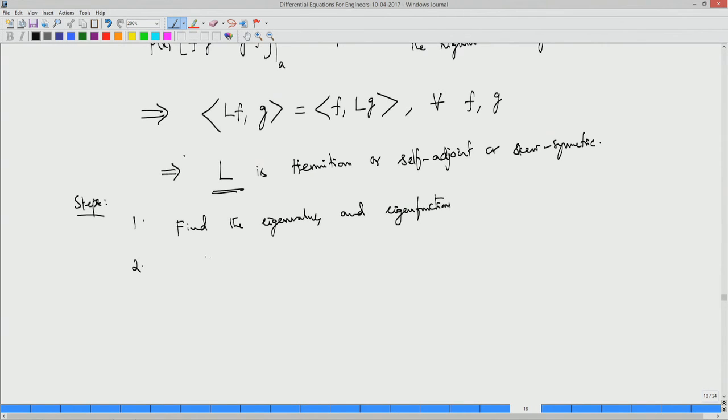and then you can easily see the property. Distinct eigenvalues give eigenfunctions.